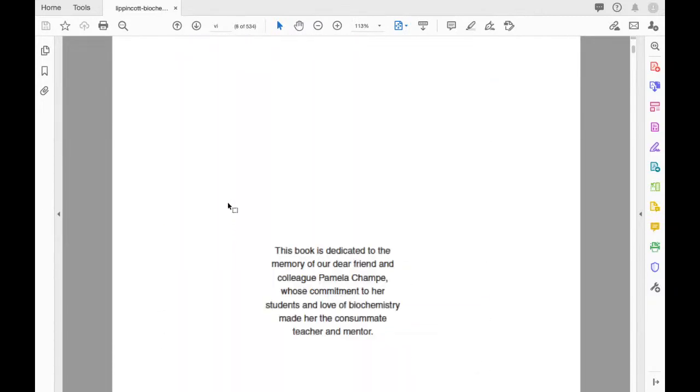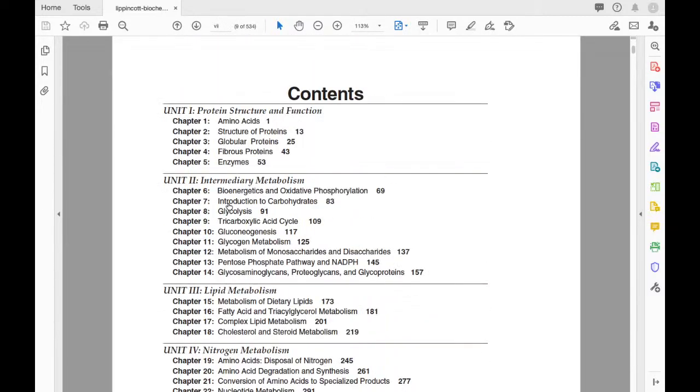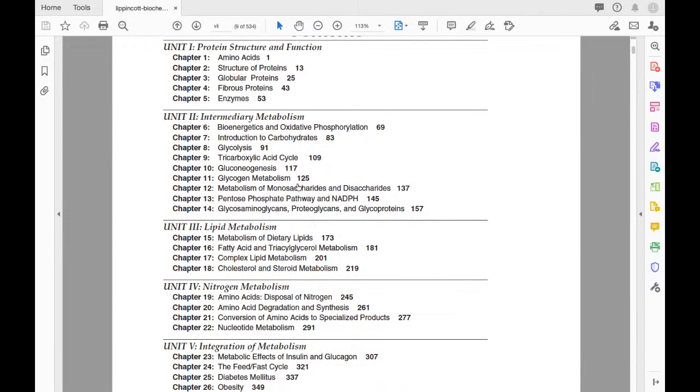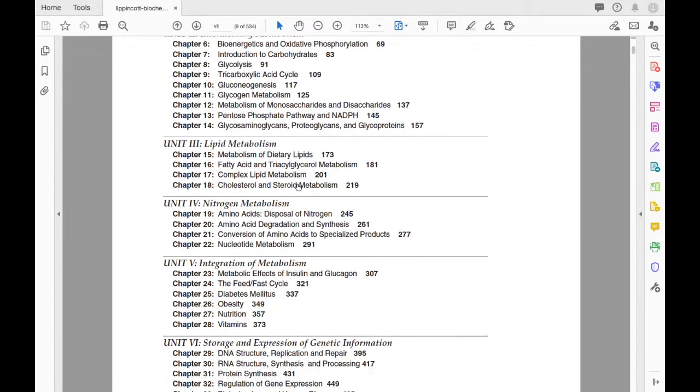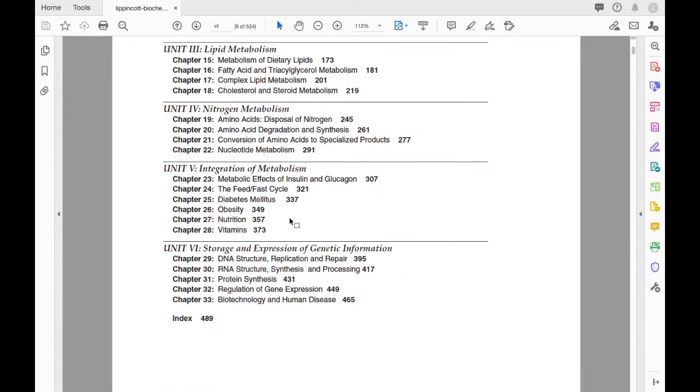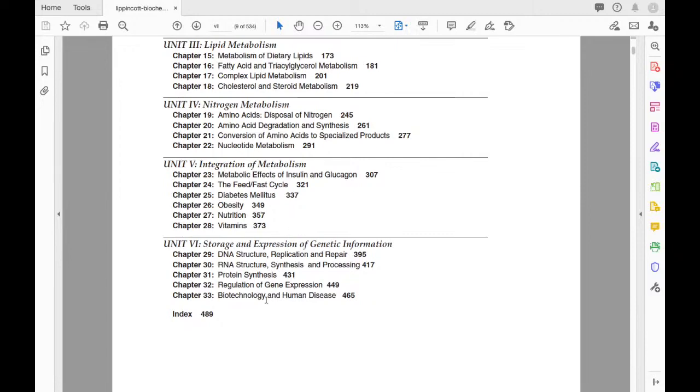Whatever we are discussing here today is all present within the content: metabolism, intermediate metabolism, lipid metabolism, nitrogen metabolism, integration of metabolism. So basically, it has 6 units.